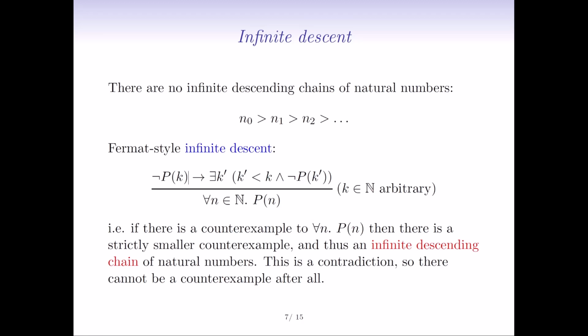Now that's a contradiction because we can't decrease a natural number beginning at k infinitely often, and since we have a contradiction, what have we assumed that was wrong? Well, the only assumption we made was that the initial counterexample existed. So that can't be right. So k cannot after all be a counterexample. And so since there are no counterexamples, P must hold for all natural numbers n.